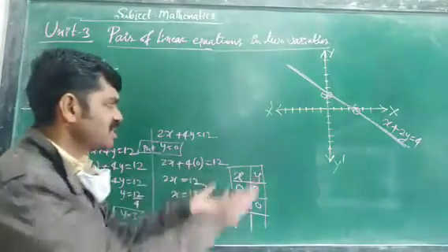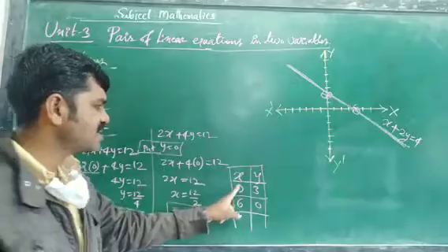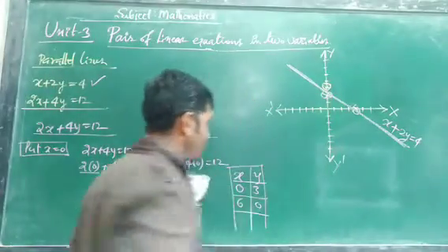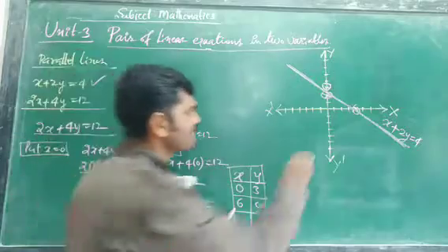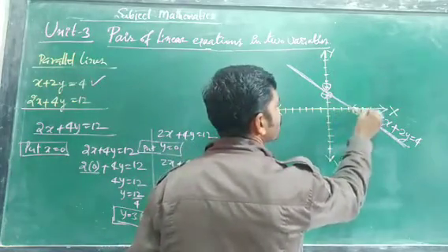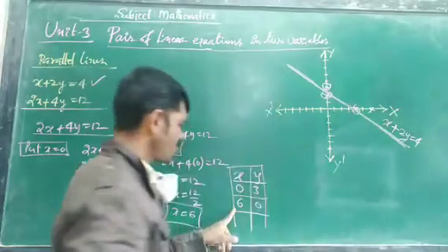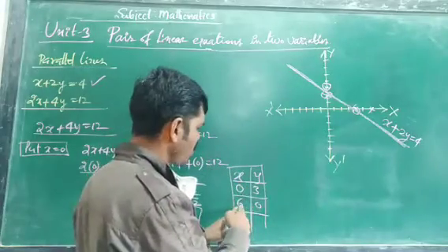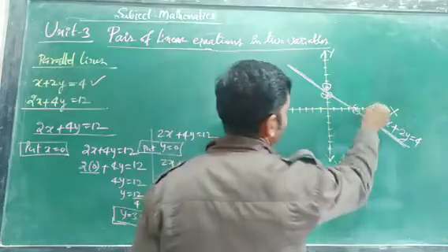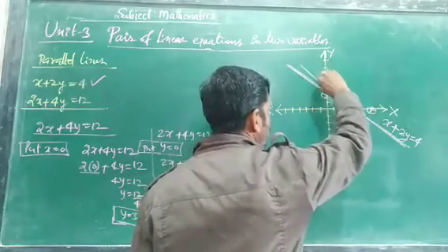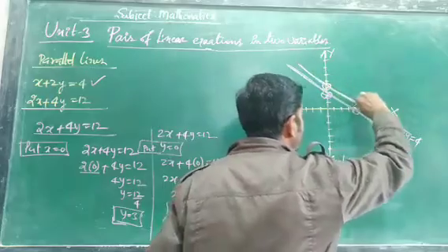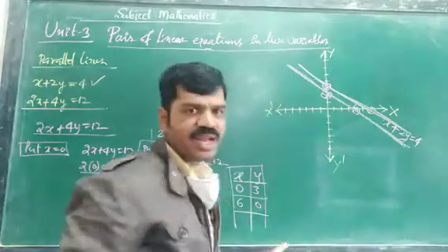So we are going to represent this on the graph. When x is equal to 0, y is equal to 3. This one. When x is equal to 6, y is equal to 0. Yes, this is the point. Yes, this is the parallel line.